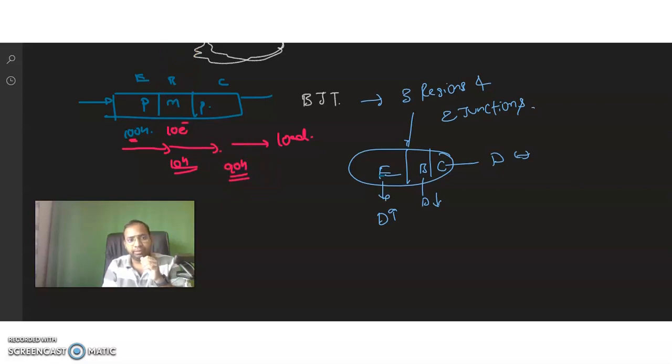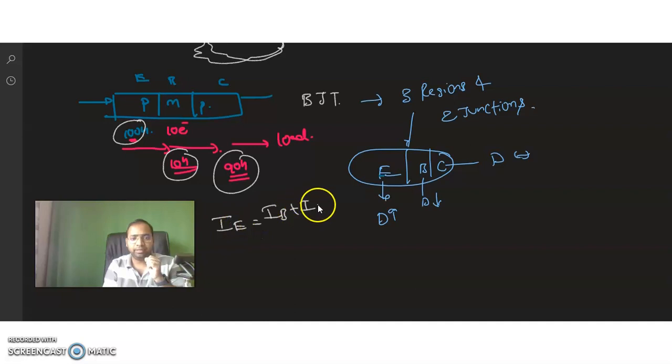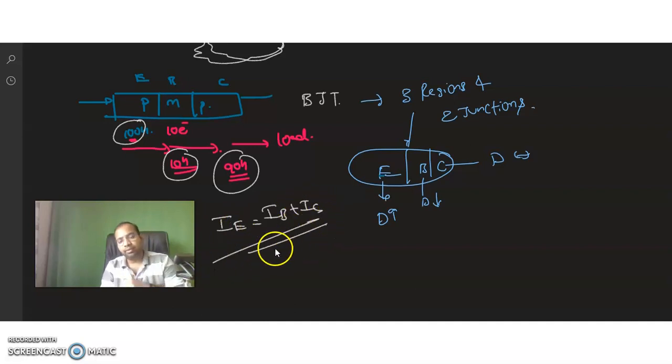So from this, what we are saying is that generally emitter current is equal to base current plus collector current. It is so in transistors, whatever the configuration you may take. Okay, emitter current is equal to base current plus collector current. And what does emitter injection efficiency mean? Out of the emitter charge carriers, that is 100, how many charge carriers are entering into the collector?